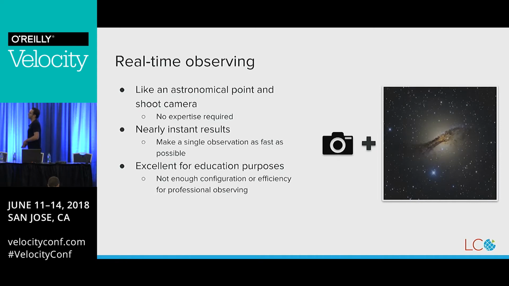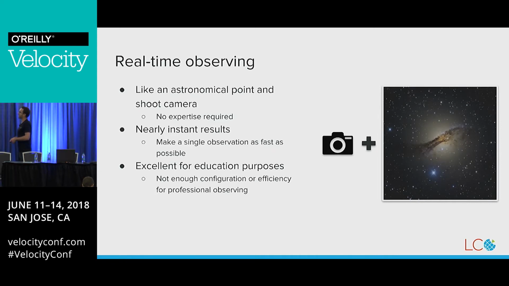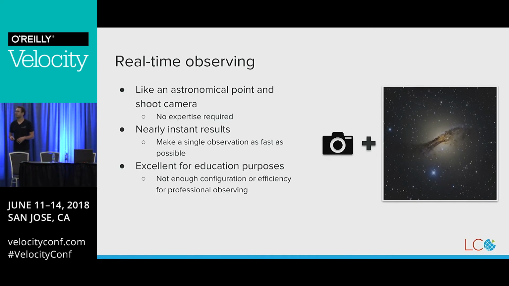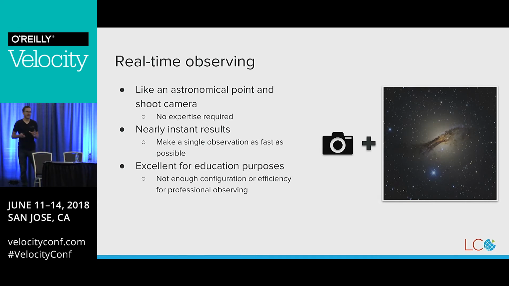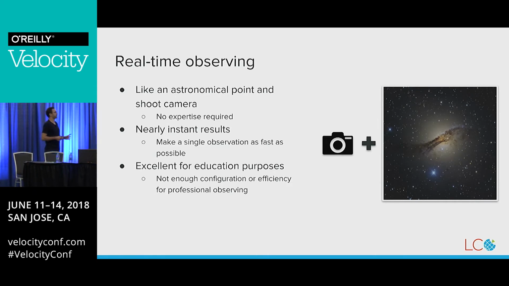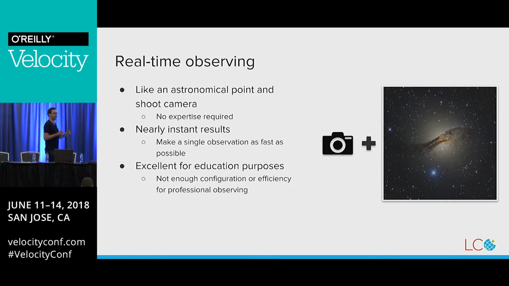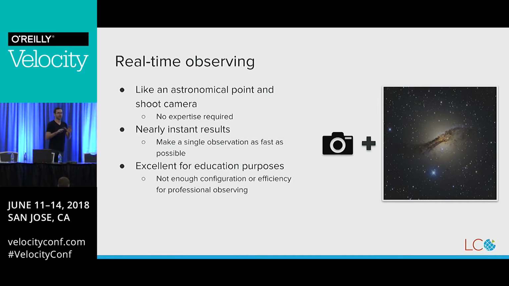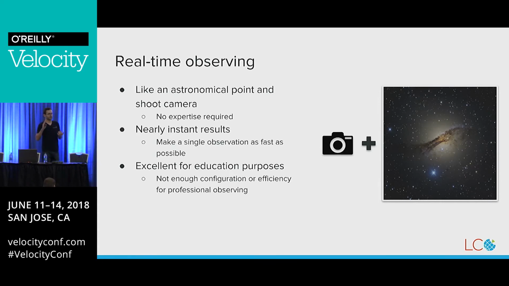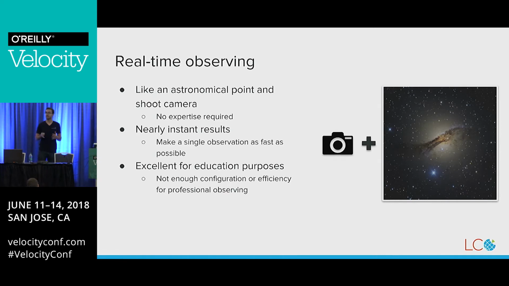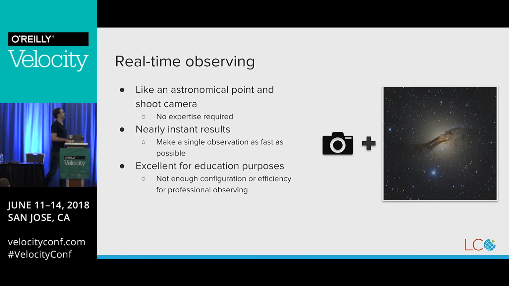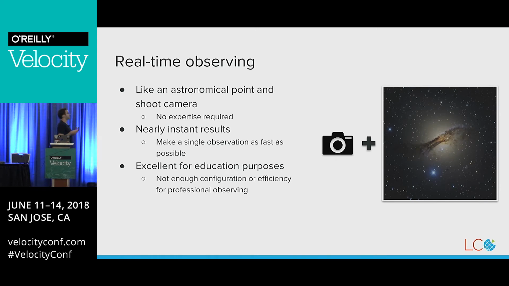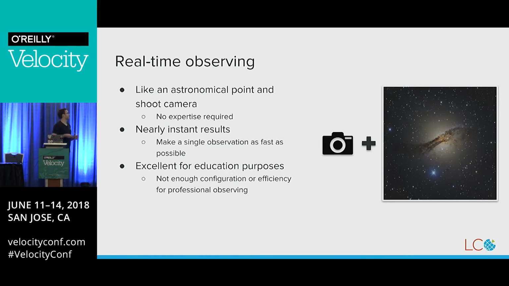The last type of observations that can be made is what's called real-time observing. And real-time observing is basically like an astronomical point-and-shoot camera. There is no expertise required. So just like those little point-and-shoot cameras that you can pull out of your pocket, shoot, done with it. You don't need to know about any exposures. You don't need to know about anything fancy to make the camera work, make the telescope work in this case. And this is cool because you have nearly instant results.